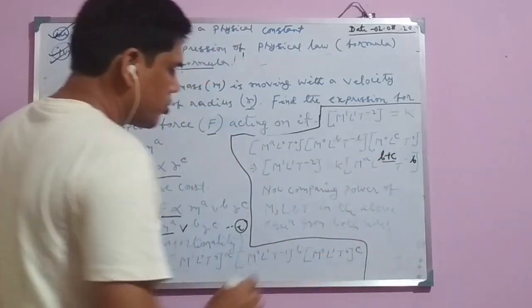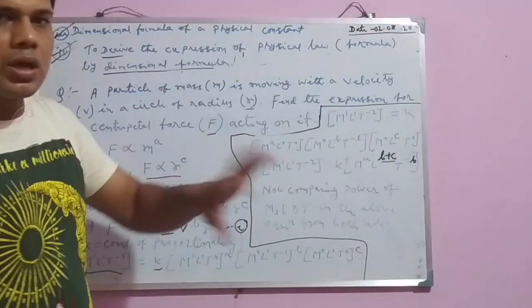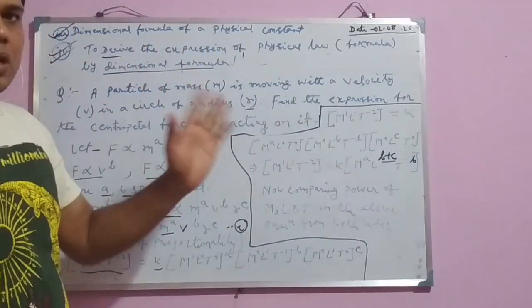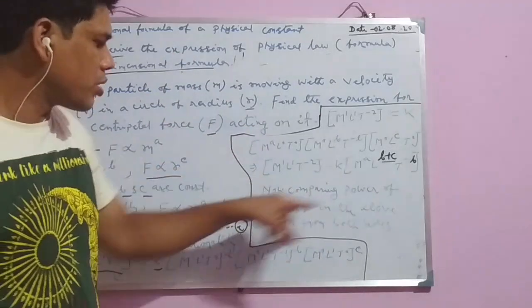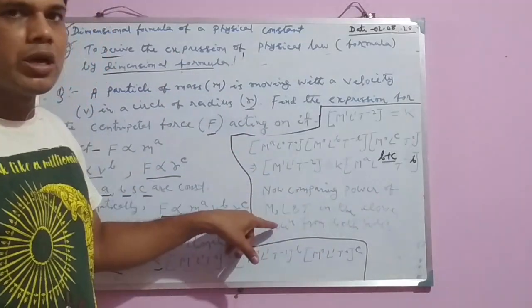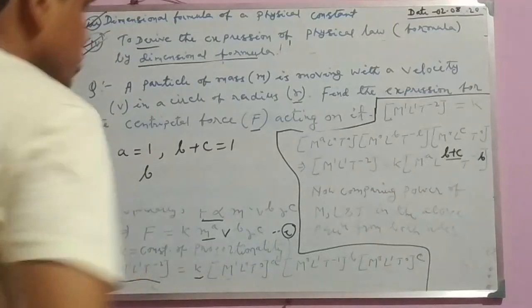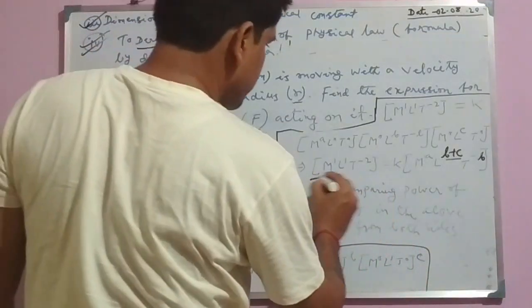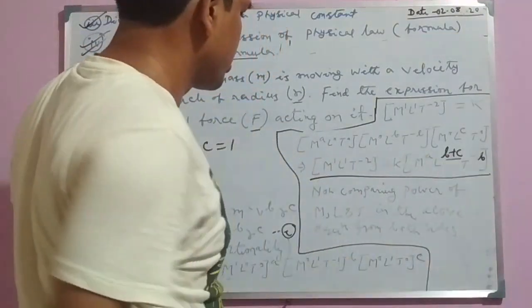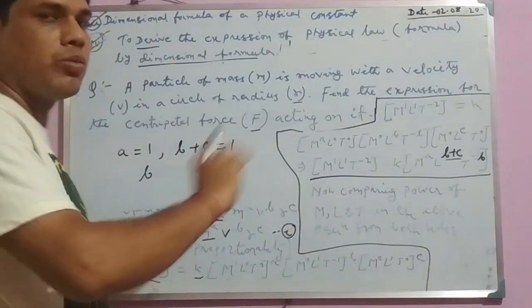This is the dimensional equation we have got in terms of a, b, c. Now we compare the powers of M, L, T from both sides.